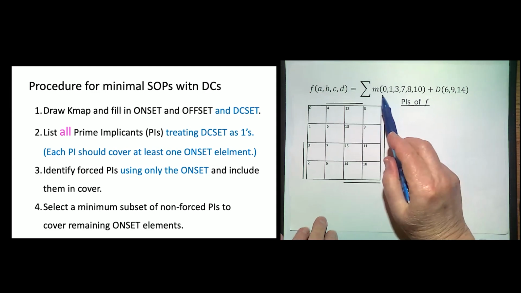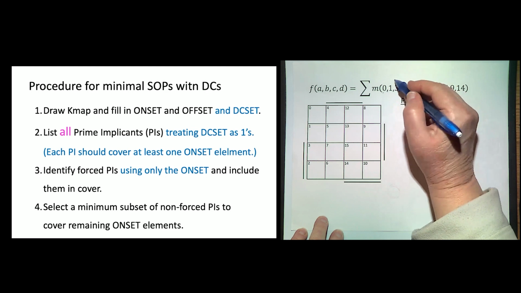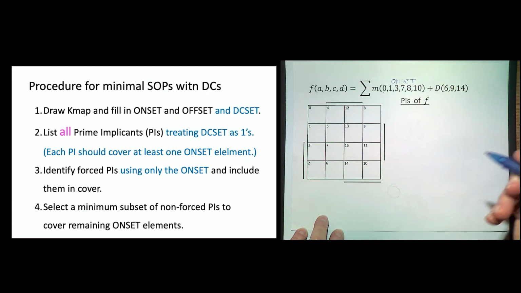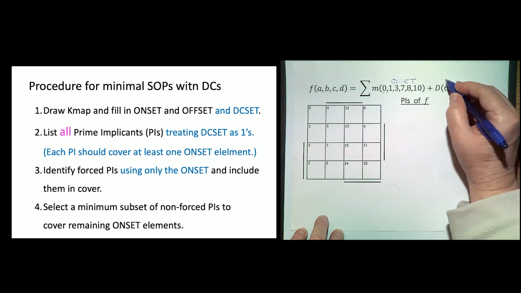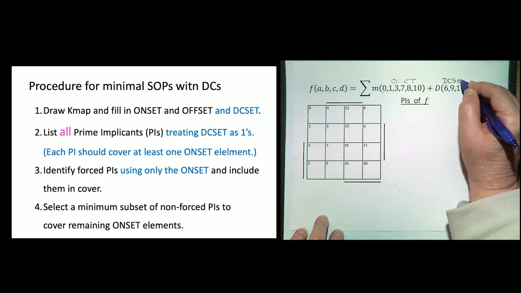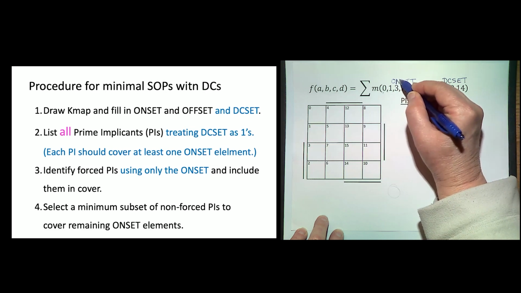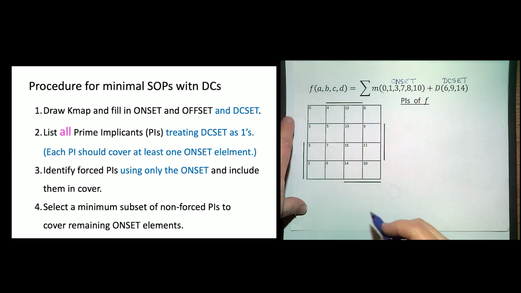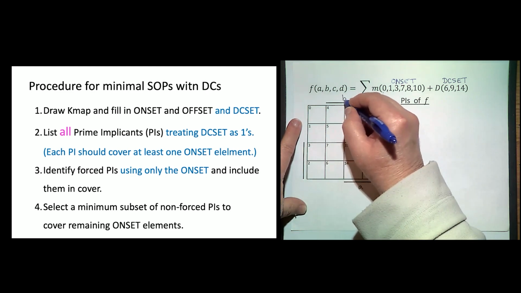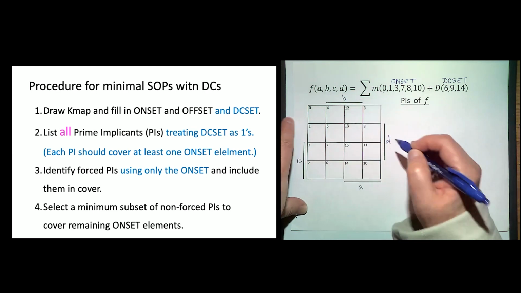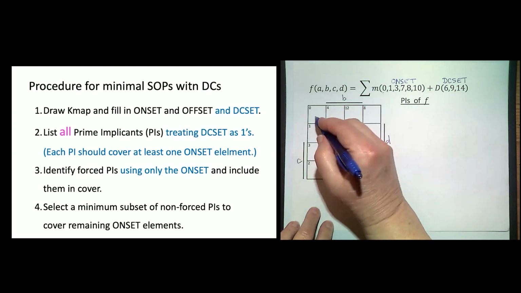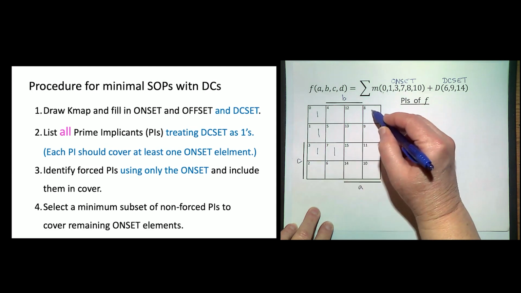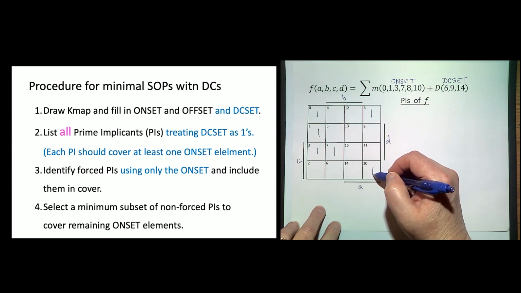Okay, so sum of minterms. This is my onset, this is my don't care set, and the offset is everything else. So A, B, C, D: 0, 1, 3, 7, 8, 10.